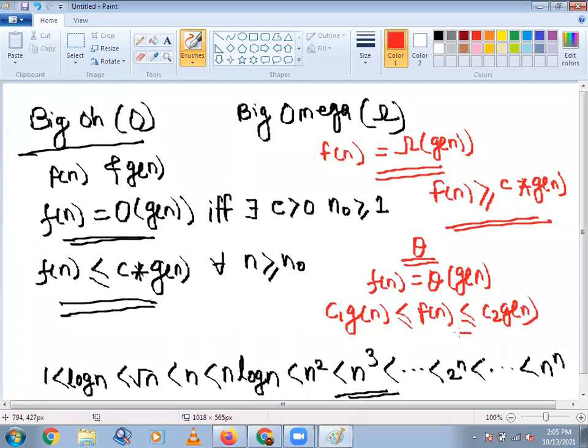Here the right side acts as upper bound, the left side acts as lower bound, and this function lies between upper bound and lower bound. That's why theta is also known as average bound.